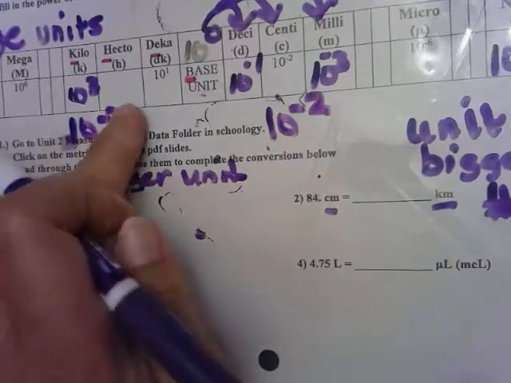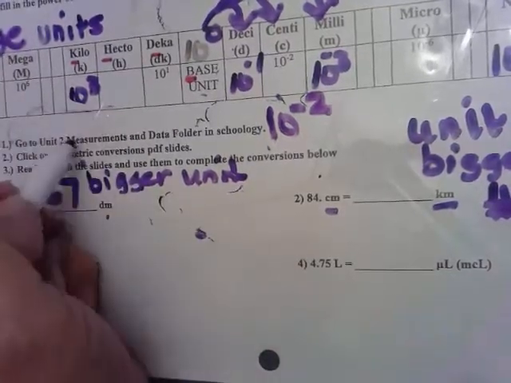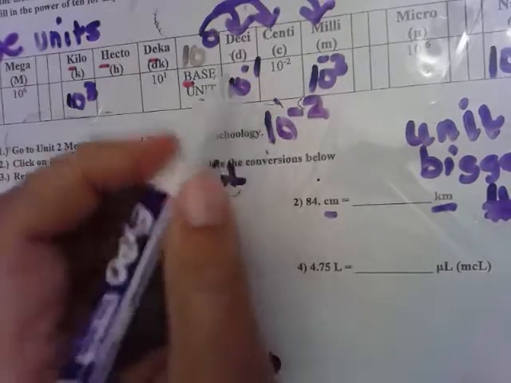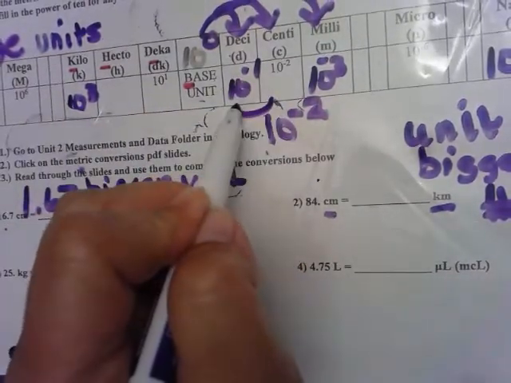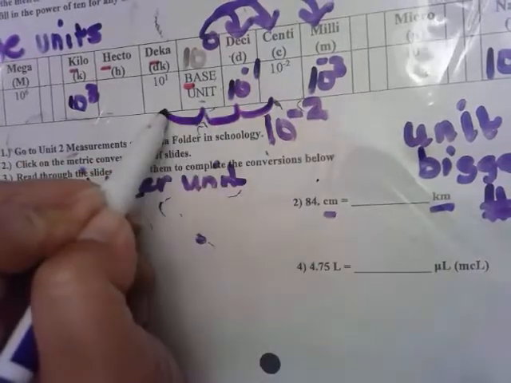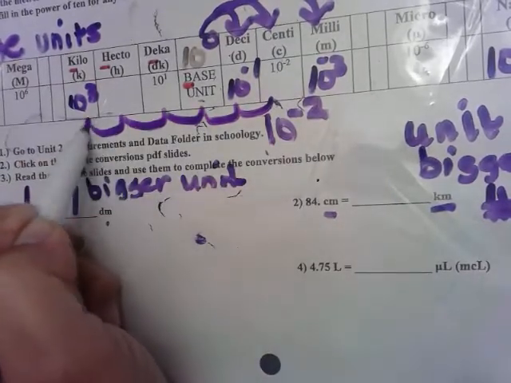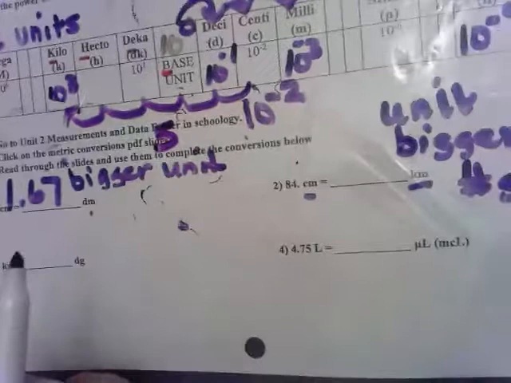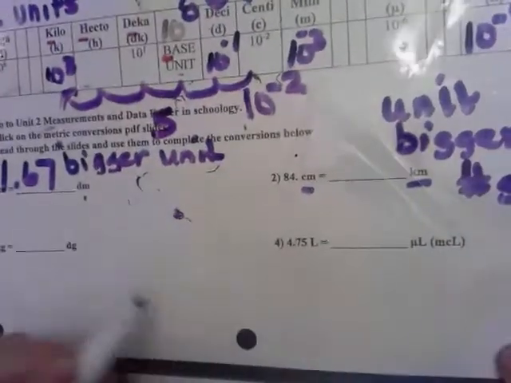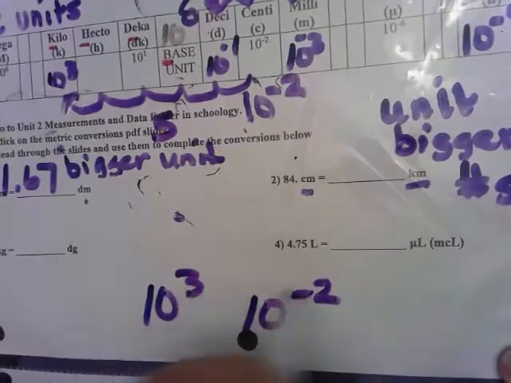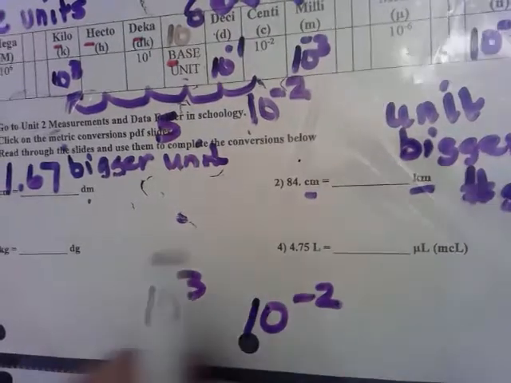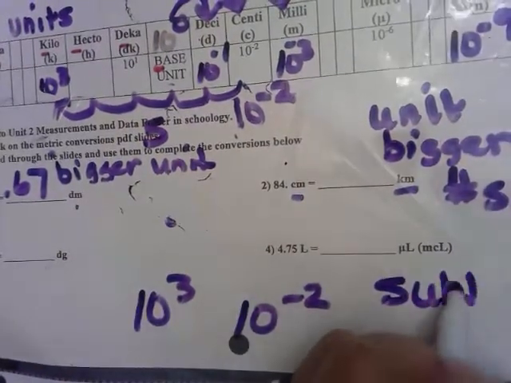Okay, and you could use a couple different things. You could count the powers of 10, the actual spaces. You could go 1, 2, 3, 4, 5 places. There are 5 places apart. Also, you could look at 10 to the third and 10 to the minus 2 and subtract the powers.